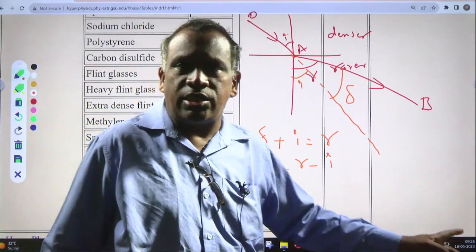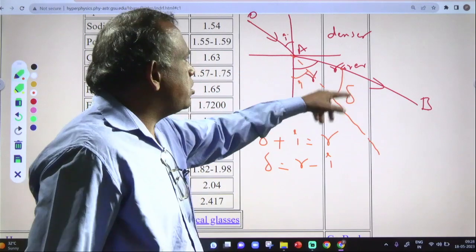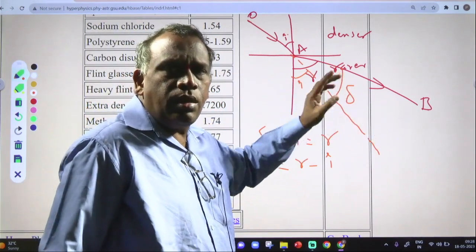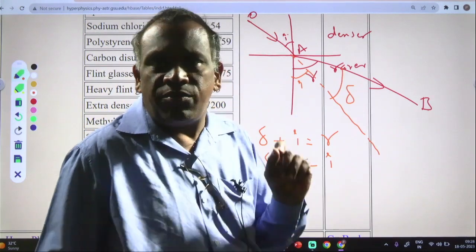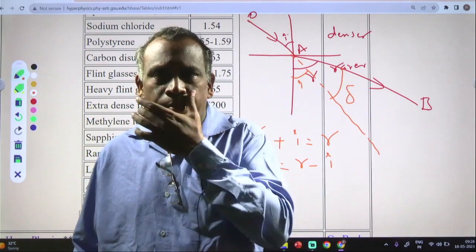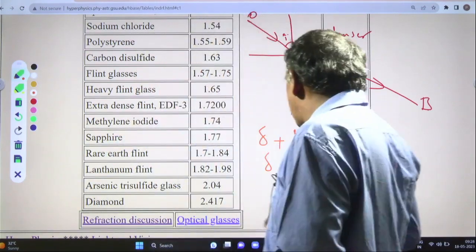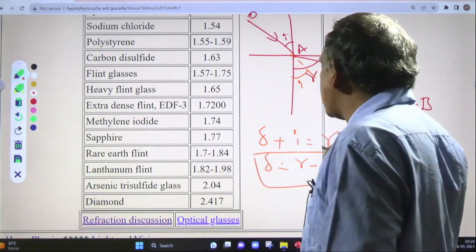The angle of refraction is greater than the angle of incidence. These points you have to remember, very, very important. So the angle of deviation is r minus I.